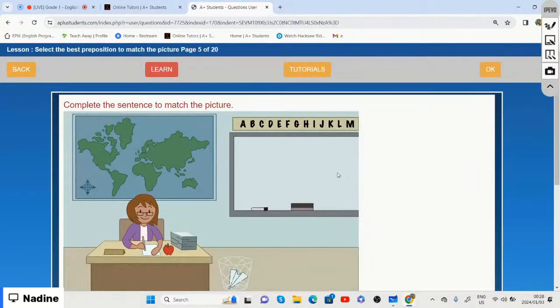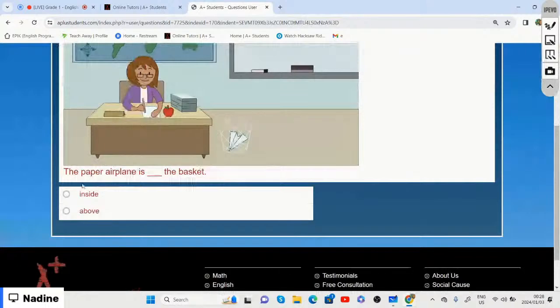Now we need to say where the paper airplane is. Here we have the basket, and there we also have the paper airplane. So we can then say, is the paper airplane inside the basket or is it above the basket? We need to say where the paper airplane is.